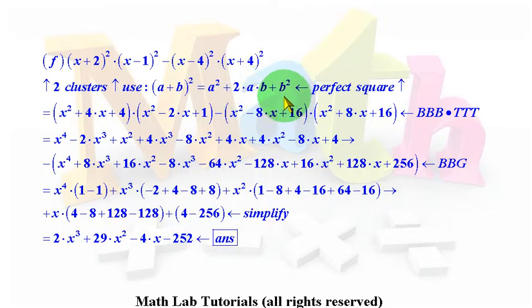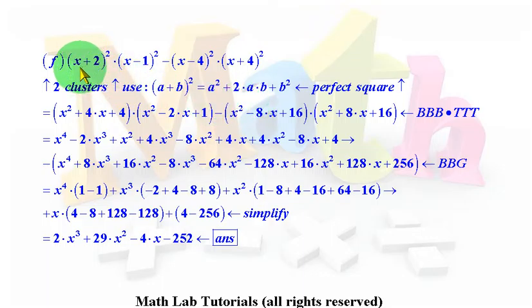And what does that tell us? That in order to rapidly expand a perfect square, you just square the first term, you take the product a·b·2 for the middle term, and you square the last term. That's the easiest way to do a perfect square. Otherwise, you're doing way too much work.